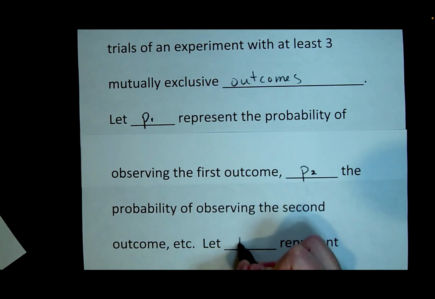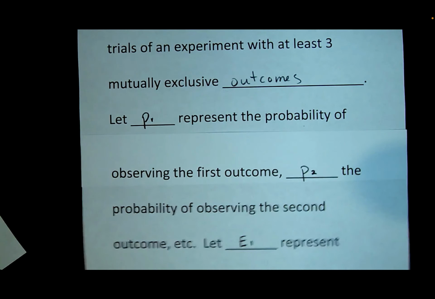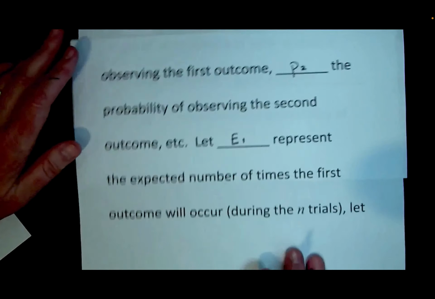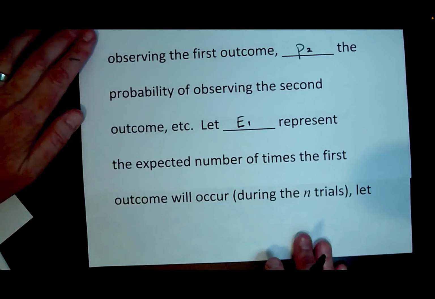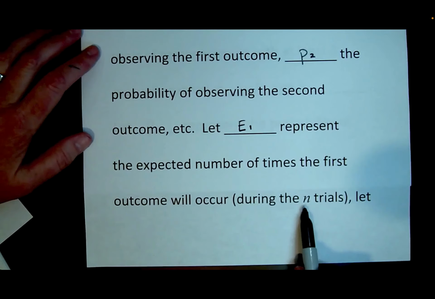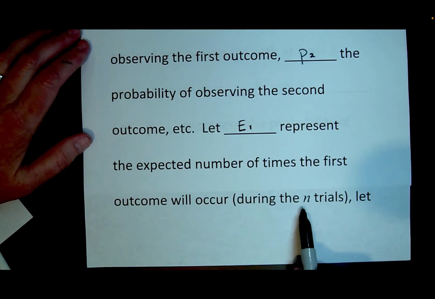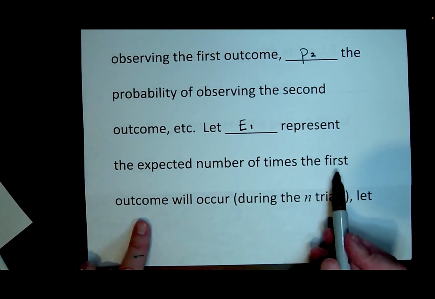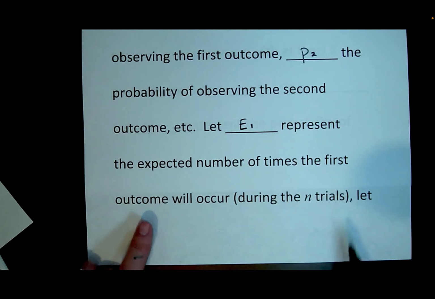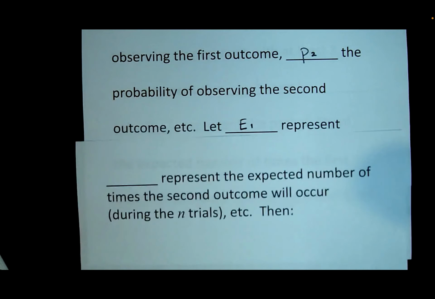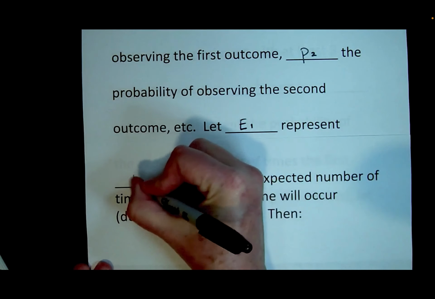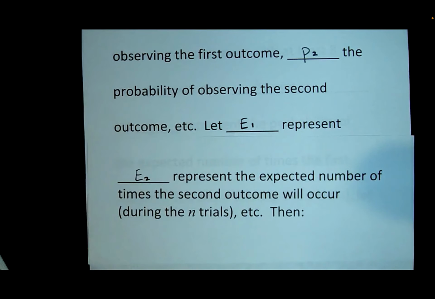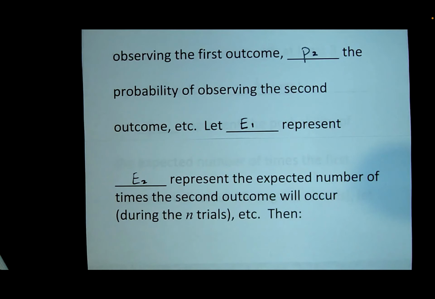And then we're going to let E sub 1 represent the expected number of times the first outcome will occur. In other words, when you've made your n selections or n trials, how many of them fall into that first category? Okay, the first category is the first outcome. We'll let E2 represent the expected number of times the second outcome will occur, etc.